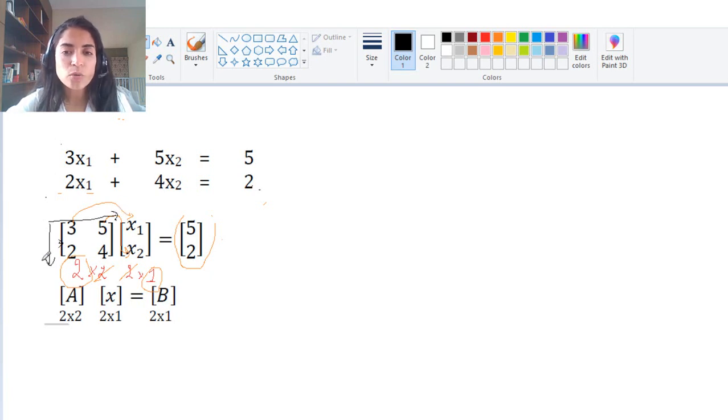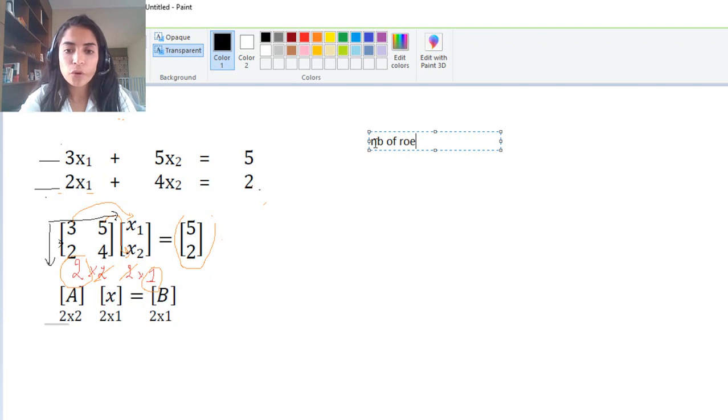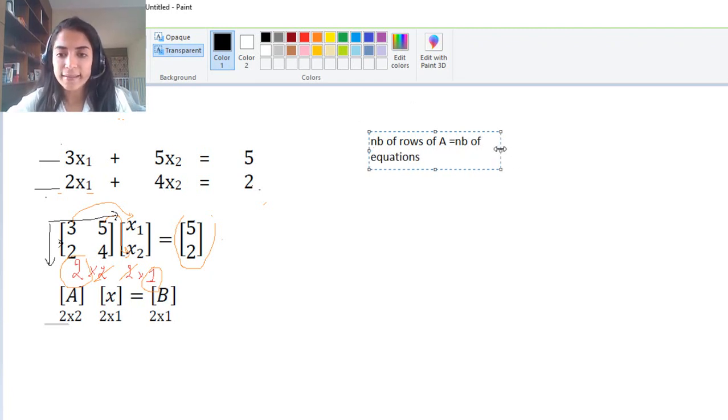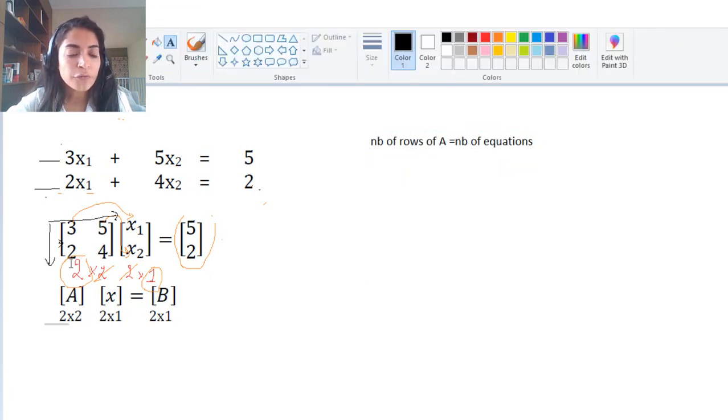Now, the 2 rows are coming from the number of equations, which means, guys, the number of rows of A is equal to the number of equations. What else? The number of columns of A are coming from where?